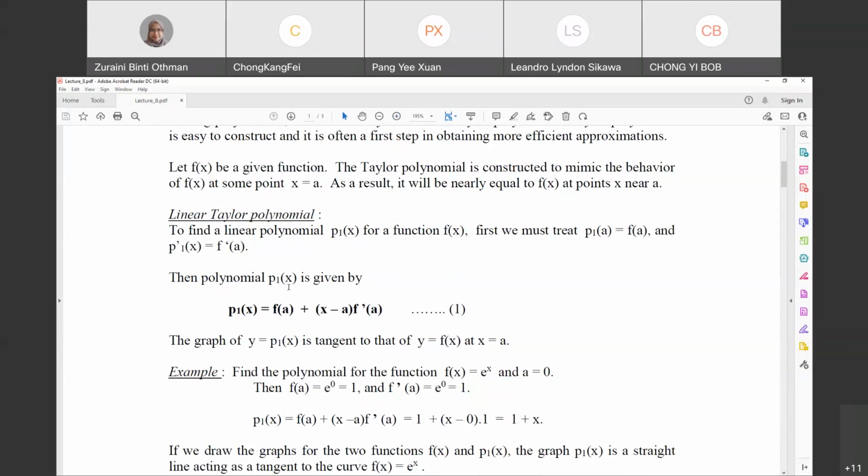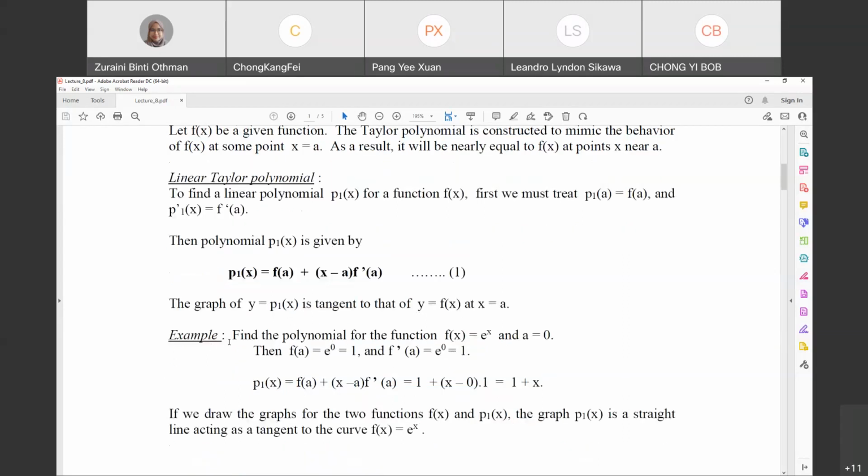Okay, then the polynomial P1(x) is given by this. Okay, yang ni kita kata sebagai linear Taylor polynomial. Okay, and the graph untuk P1(x) ialah sebenarnya a tangent of the graph y equal to f(x). Kejap lagi kita tengok graph dia.